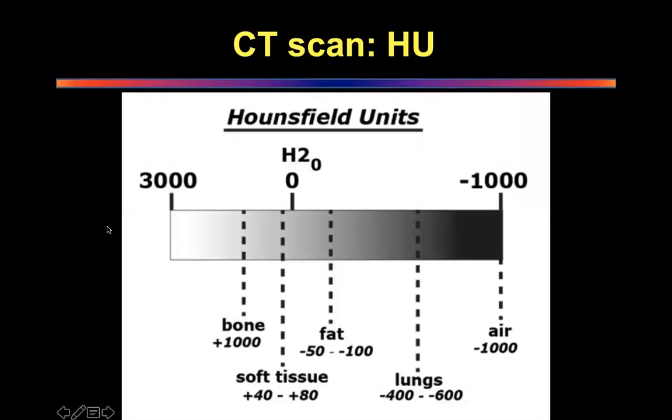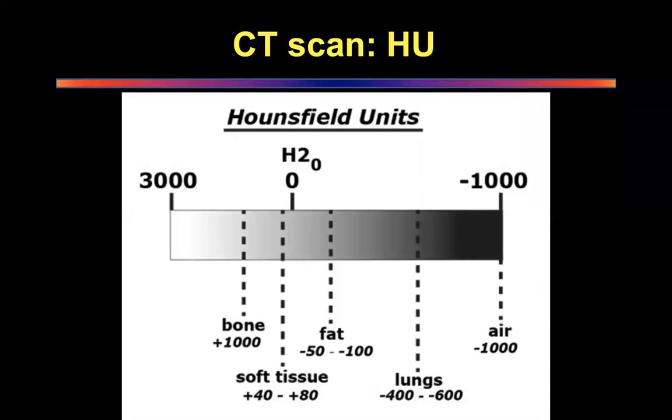The human body runs between +1000 to -1000. So -1000 is air, +1000 is bone. So humans lie between this area. Water is 0. The density of water is 0. So bone lies at +1000, air lies at -1000. So this is a basic understanding of Hounsfield units.